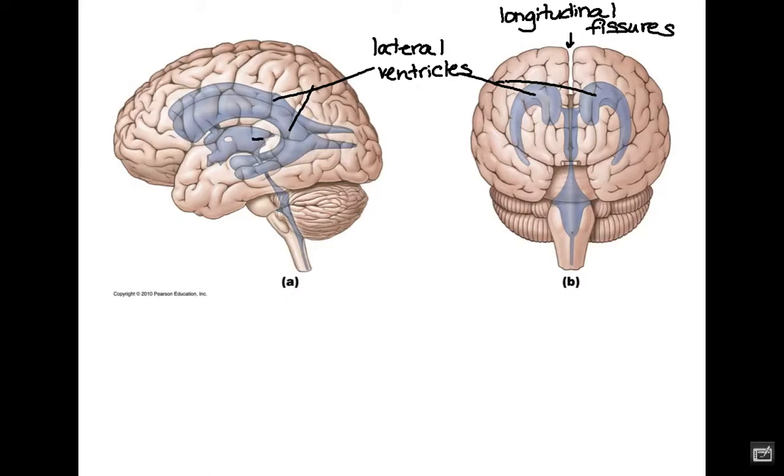The next one here is the one that's in the center, and that is referred to as the third ventricle. And the last one is down here, right behind the cerebellum. And you'll notice that it does continue on down into the spinal cord, and this is the fourth ventricle.